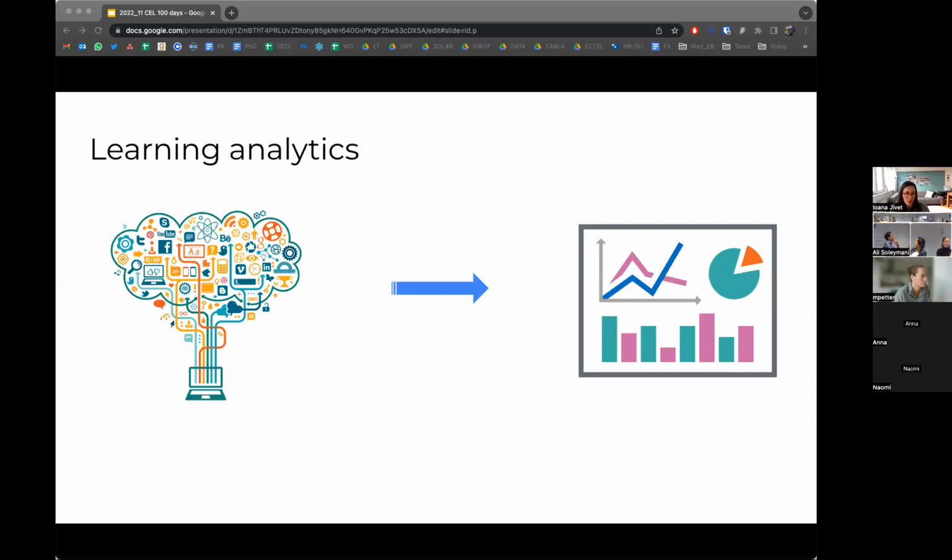So among many possible learning analytics applications, my work focused on dashboards for learners, so student-facing learning analytics. And dashboards are displays that contain multiple indicators about learners, their learning process, or their learning context. Usually they use graphs or charts, sometimes even text, to convey this information back to the learners.